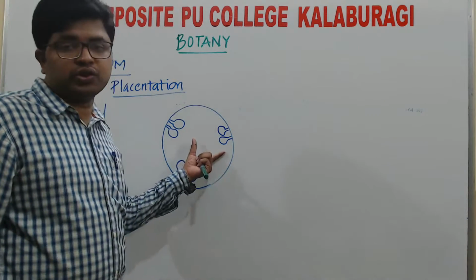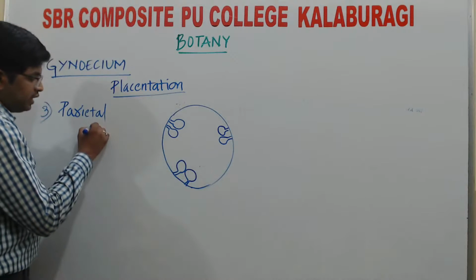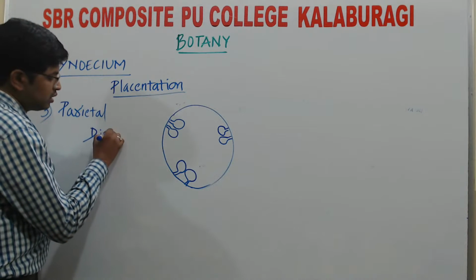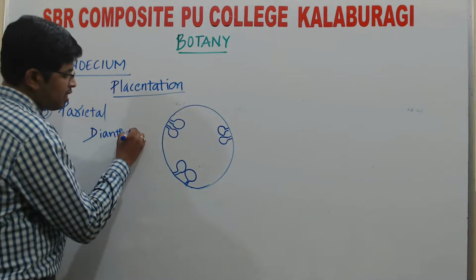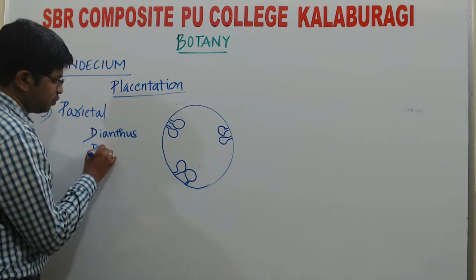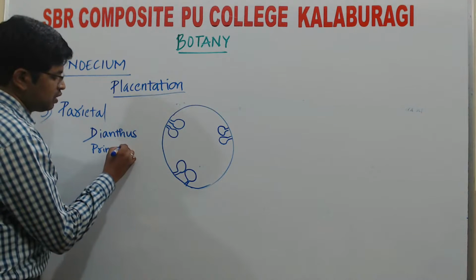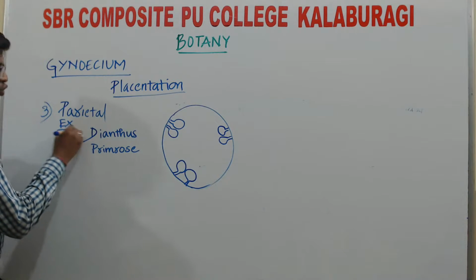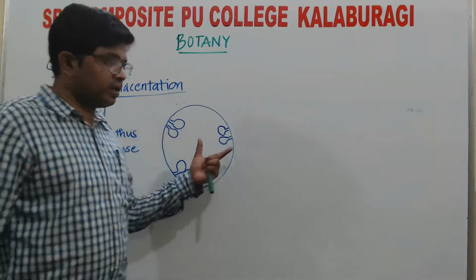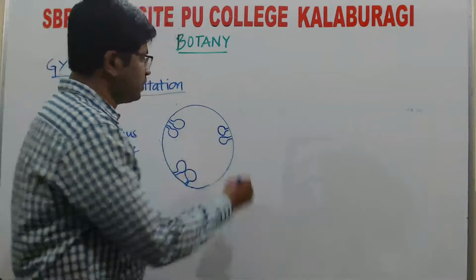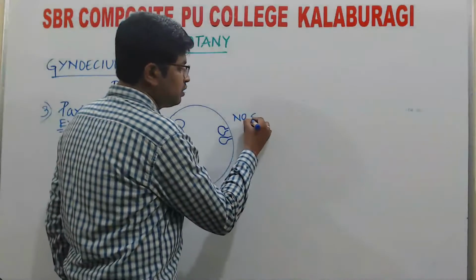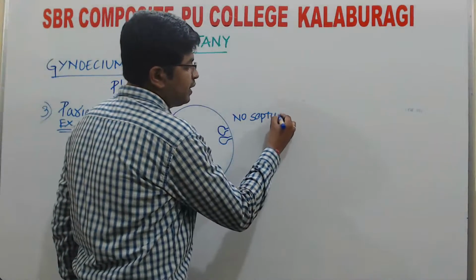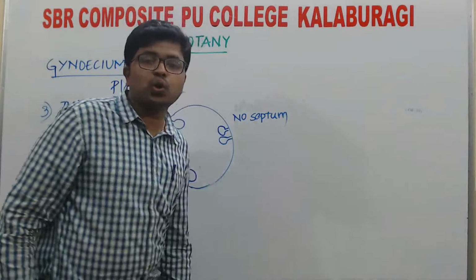Parietal, this condition you will generally observe with the dianthus and primrose. These are the examples. You should be remembering. In parietal, what will be happening? There will be no septum, meaning it has pseudo septum.